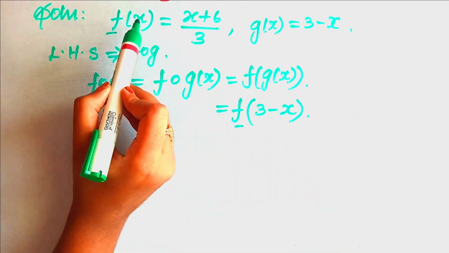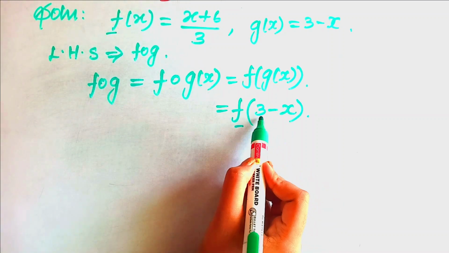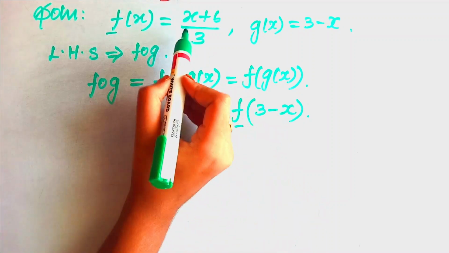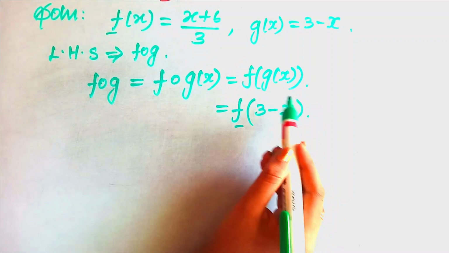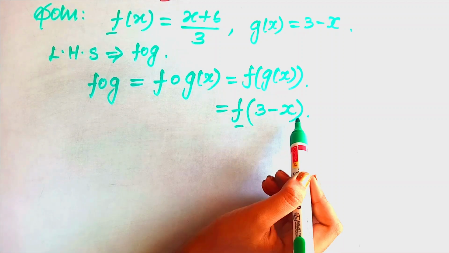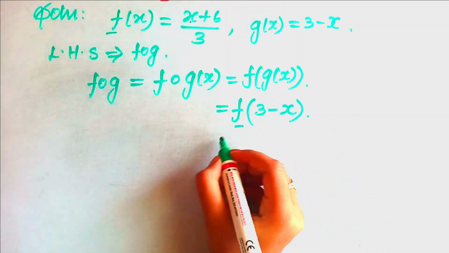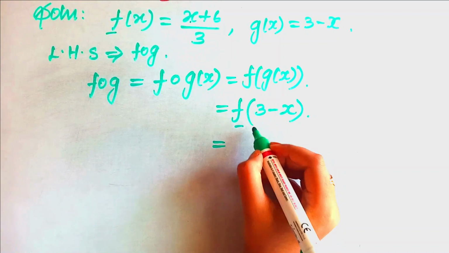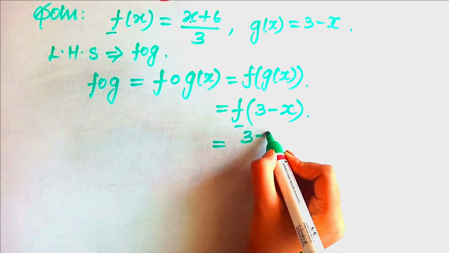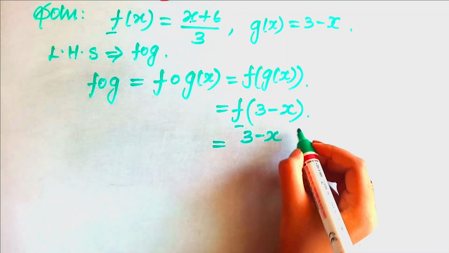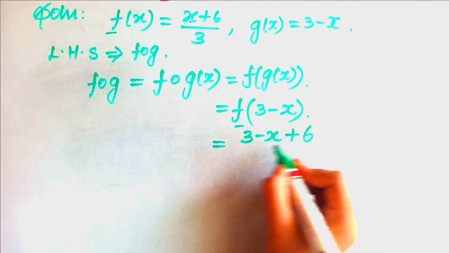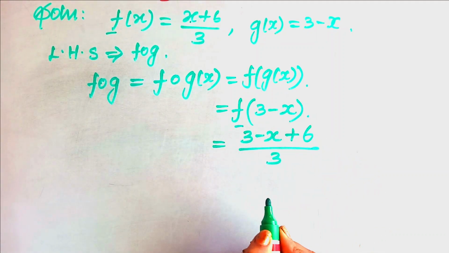Here it is, but in the place of x we have 3 − x. So in the equation also you have to substitute 3 − x in the place of x. Therefore we'll get (3 − x + 6) divided by 3. So this is what we get.